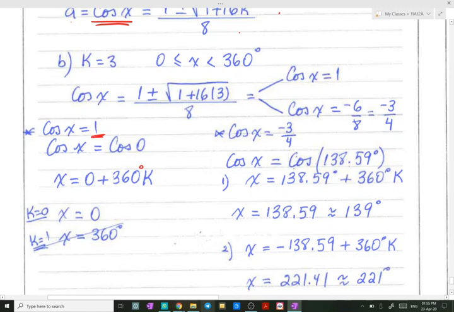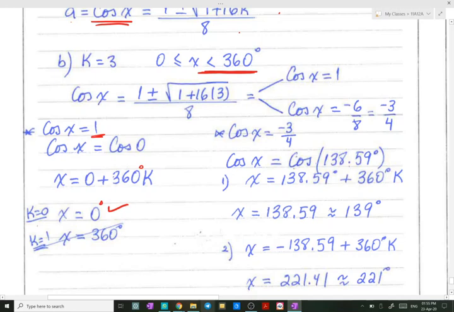The only term that we can use is k equals 0, because if we have k equal 1, the angle would be 360 degrees, and 360 degrees is not included in the interval. So we only use x equal 0 degrees, where k equals 0.